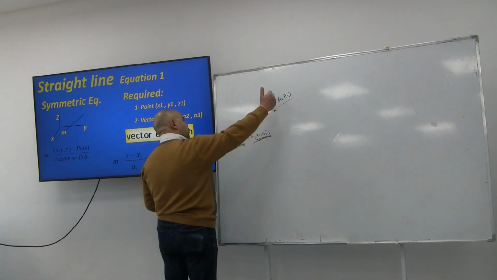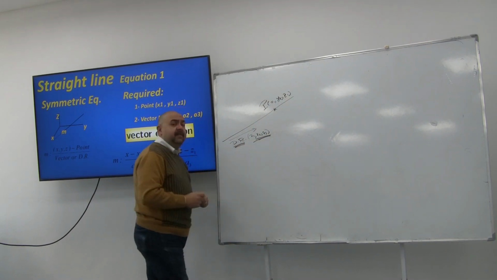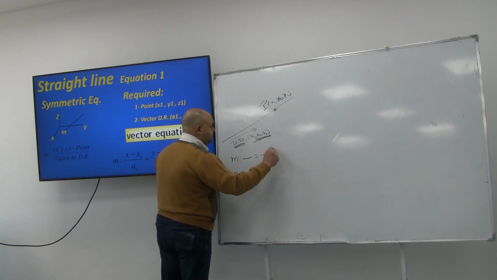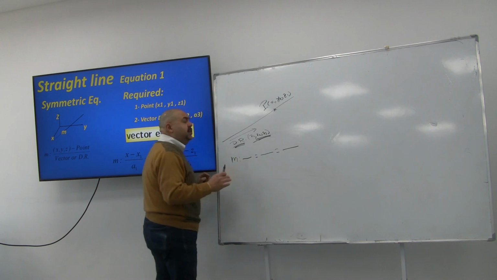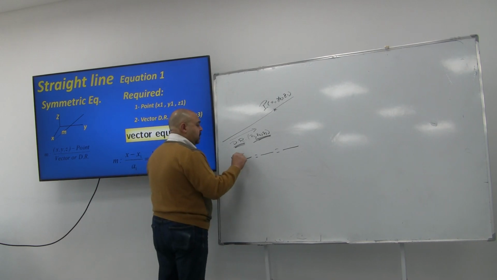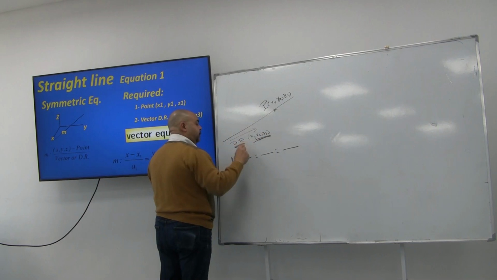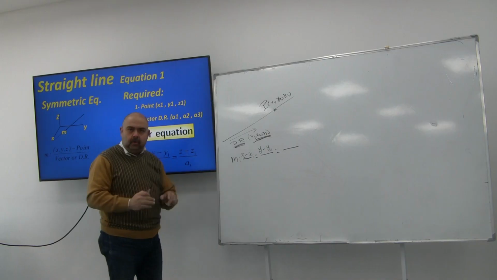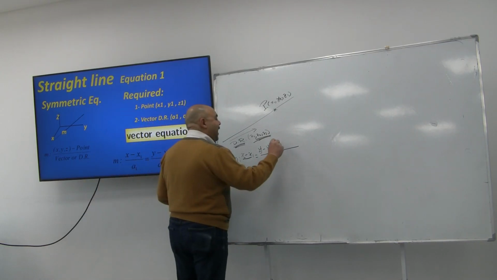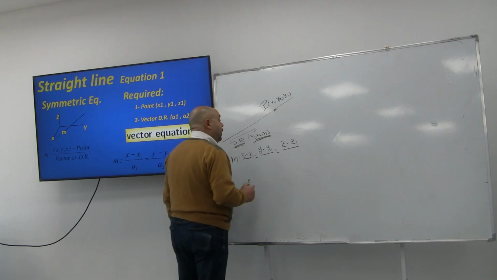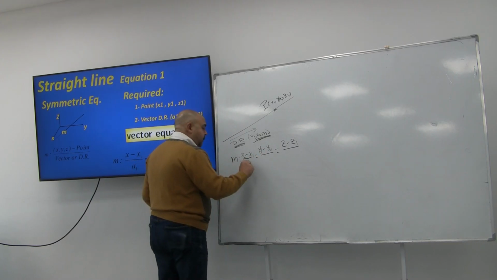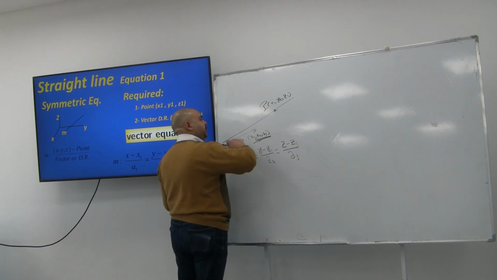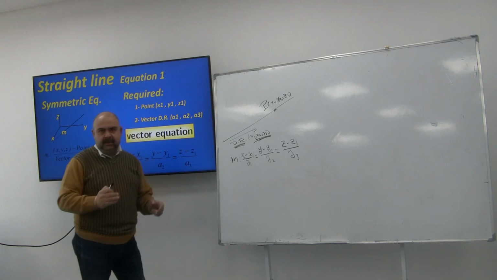So if I have x1, y1, z1, a1, a2, a3, the symmetric equation of this straight line is really very simple, and very easy to do. It is to get these ratios, which is x minus the coordinate of the point belonging to this straight line, then y minus y1, which is the second coordinate of this point, and z minus z1, divided by a1, a2, and a3, which are the coordinates of the direction vector belonging to this straight line.